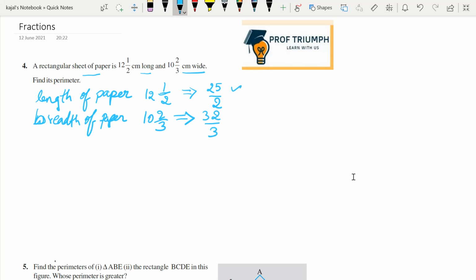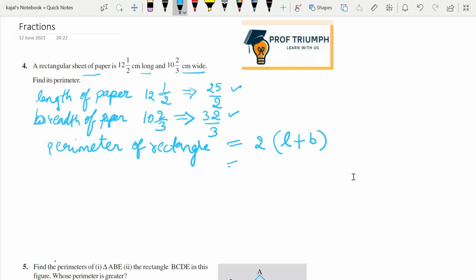So this is the length, this is the breadth, and the perimeter of any rectangle has a formula: 2 into (L plus B), where L is length and B is breadth. Here the length is 25 upon 2 plus breadth 32 upon 3.